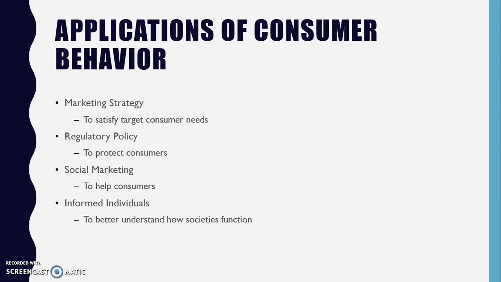And the second is regulatory policy. Here we can take an example. If we talk about Gojek or Ojek Online, the market is emerging very fast here, but the consumers or the environment are still not ready yet.